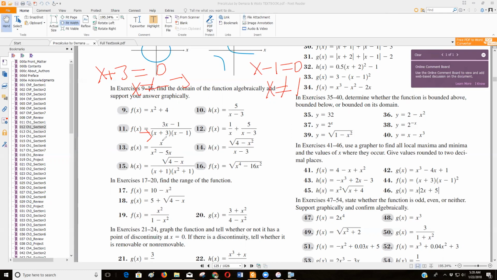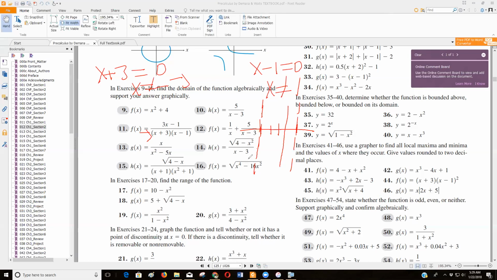So what I'm going to see there is a vertical asymptote. I know I'm going to see something like it at, let's see, -3. So I know this graph isn't supposed to cross over that vertical line because -3 isn't in the domain. And the same thing at x equals +1.